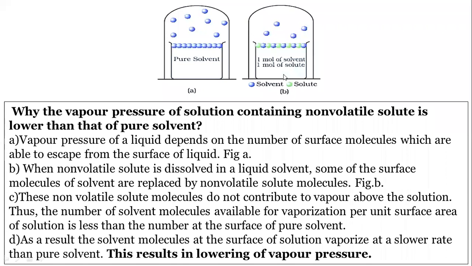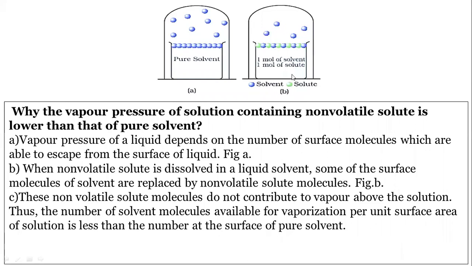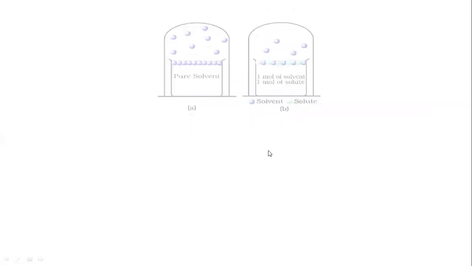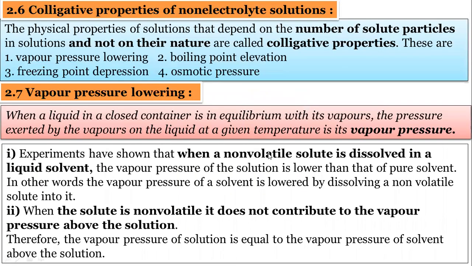Lowering of vapor pressure means decrease in vapor pressure. So vapor pressure will be decreased when non-volatile solute is added. Simply we have to remember why the lowering of vapor pressure takes place: because when the non-volatile solute is added in the pure solvent, the vapor pressure will be lowered.